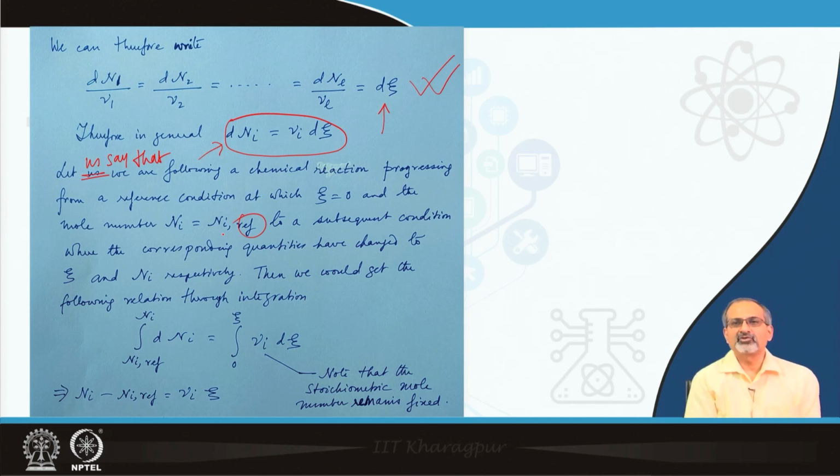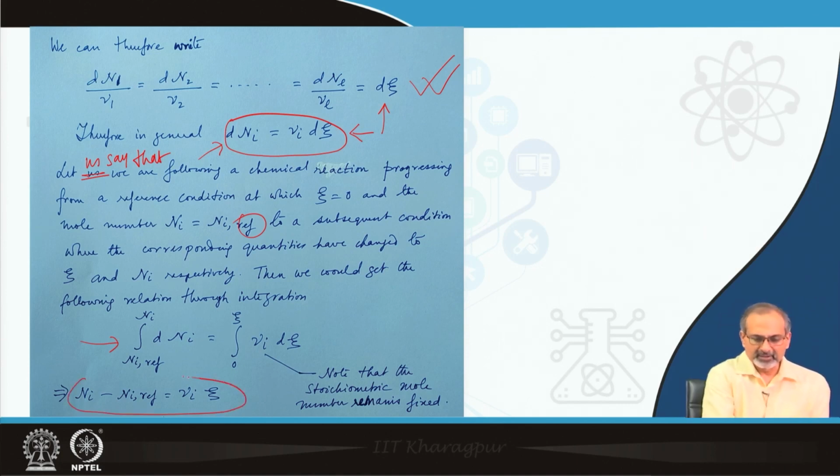So, we are just tracking the reaction to a certain incremental extent, and then you see that this equation can be integrated between those states, and on integration it basically comes up with a form like this: ni minus ni ref is nothing but nu i times xi.